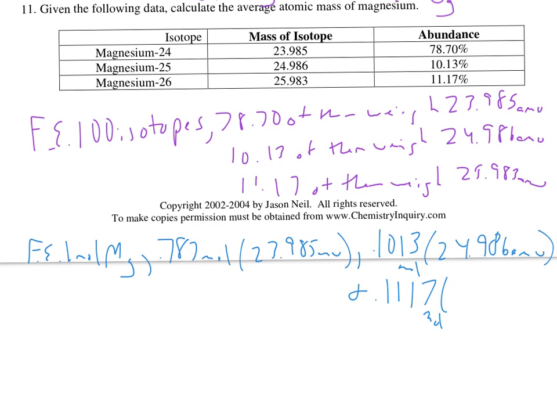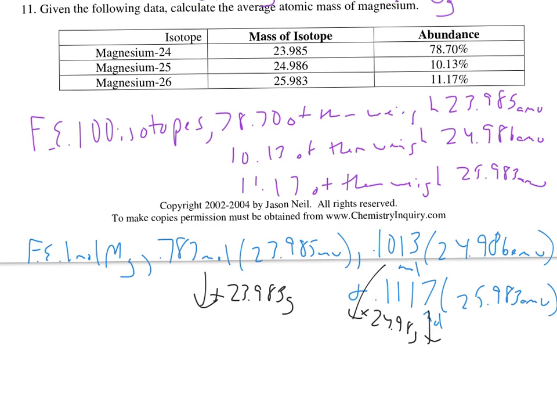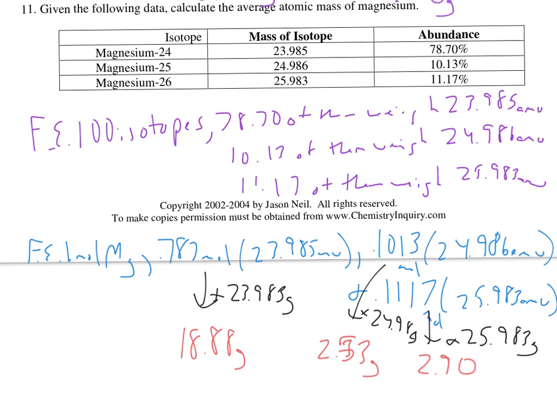These are all moles. Okay? And then I'm going to multiply each one of these by their number of AMUs, which is also the molar mass. And since I'm using moles, I can do that. And there's the 3 values that I get.